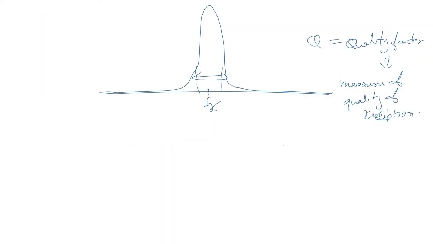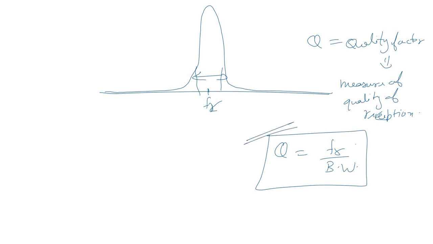Mathematically, this Q factor is equal to FR divided by bandwidth. FR is the central or resonant frequency, and bandwidth is the range of frequencies that are getting passed in the tuned amplifier.